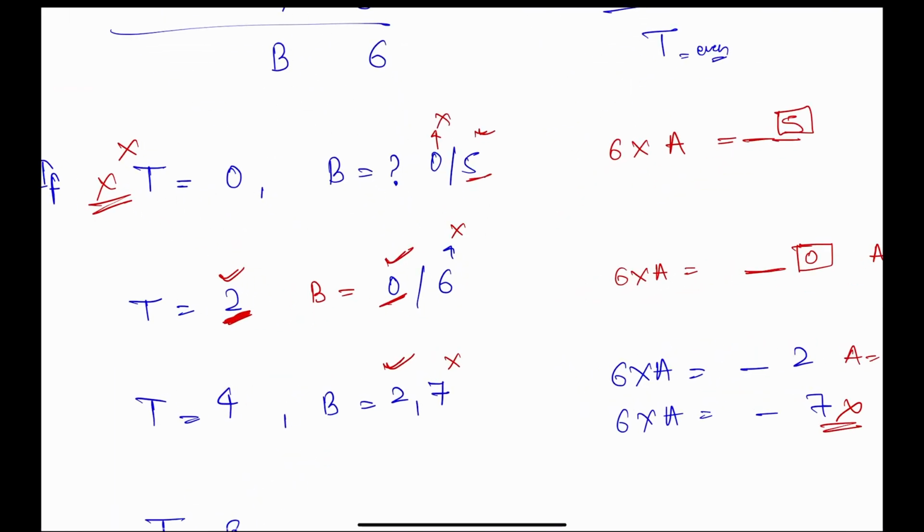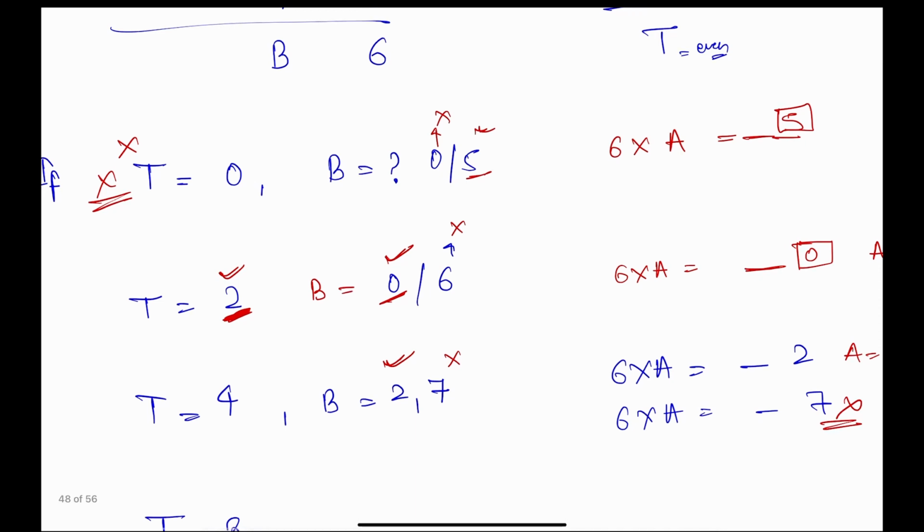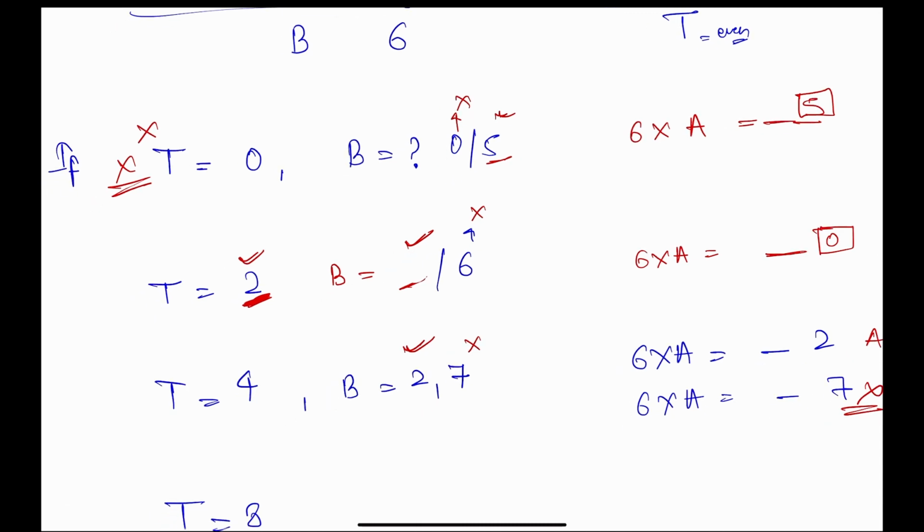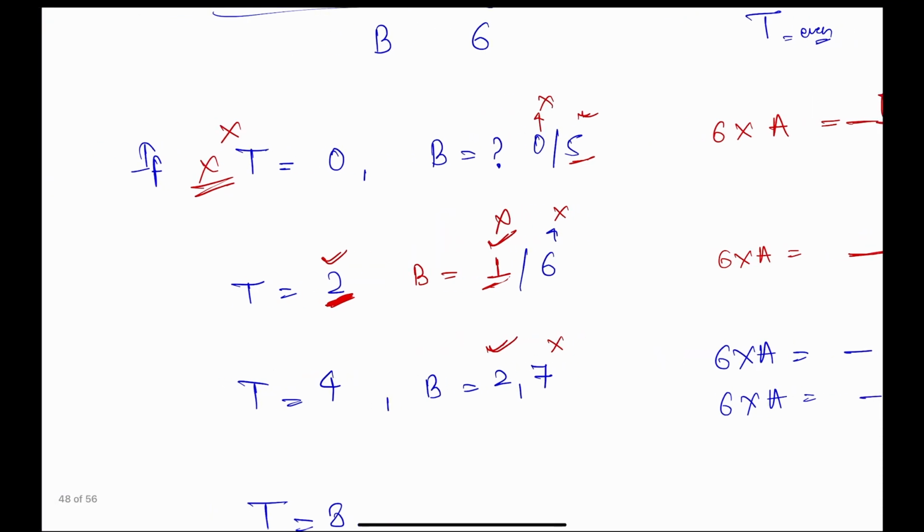How did I take 0 if T is 2? No, wait, it's 1, sorry, it should be 1. What am I doing? Either 1 plus 1 or 6 plus 2, 12. So 1 can also be not possible. This condition is also not possible, na?